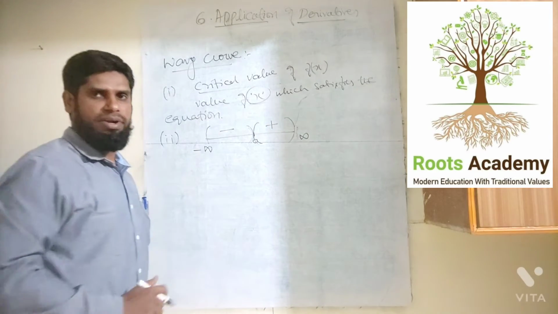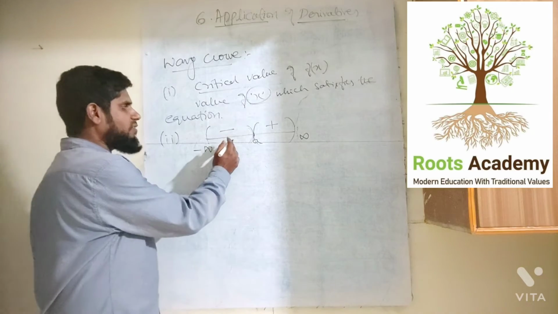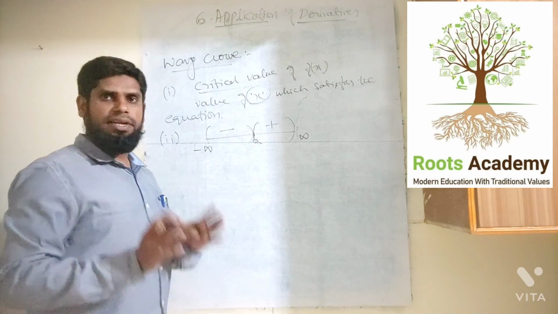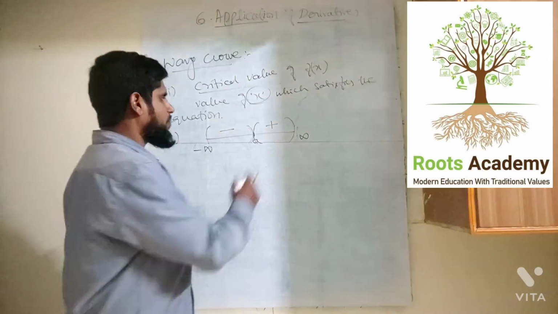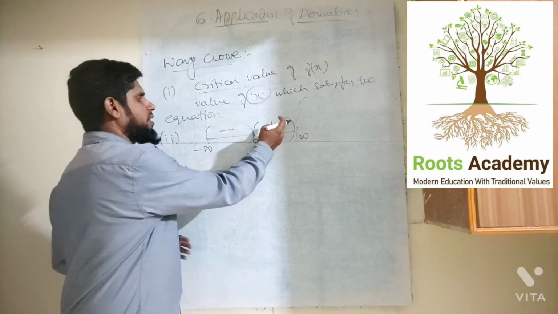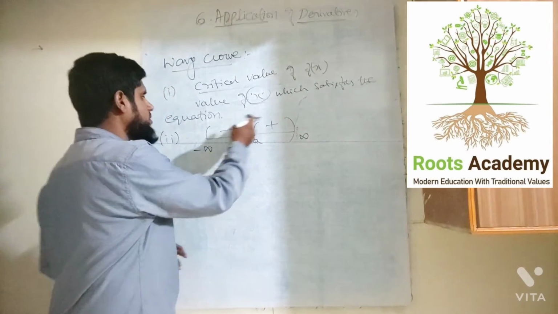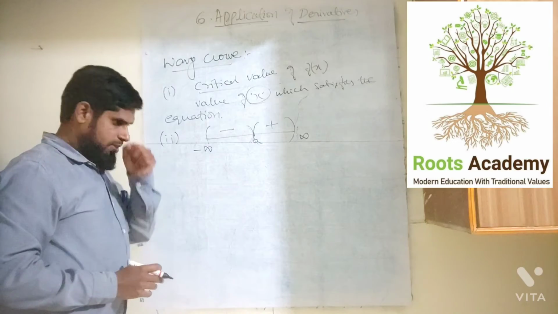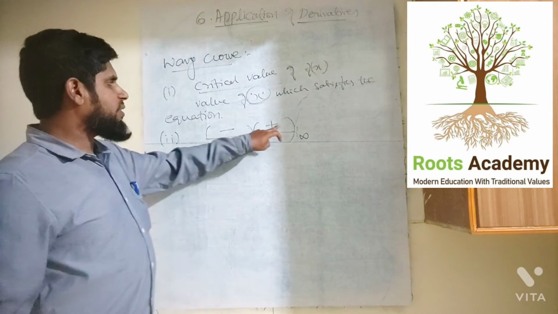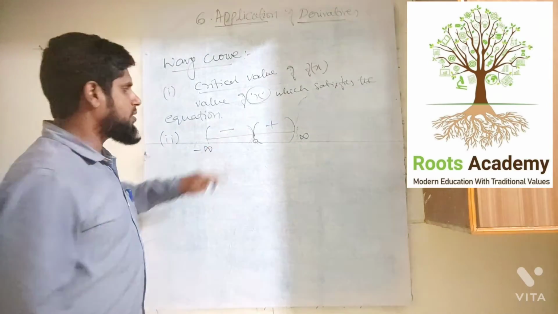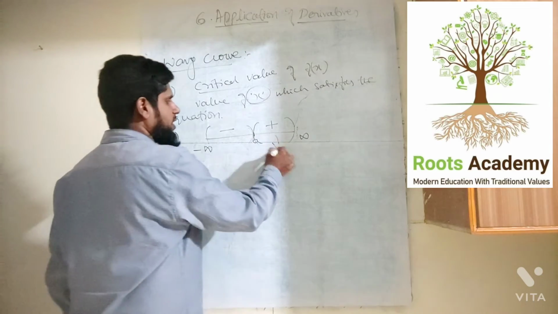Alternate signs we should keep giving. If you get two critical values, you will get three intervals. So again, the procedure remains the same. Right-hand side interval it is plus, minus, then plus. Wherever we mark plus, there the function is increasing.